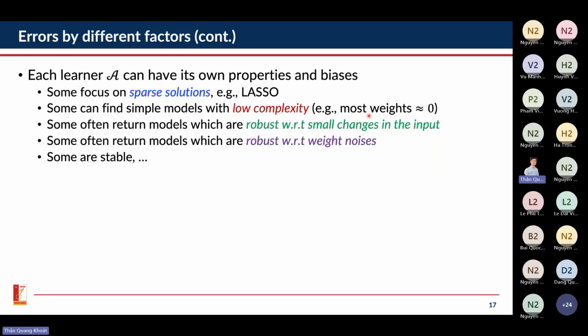If we make a small change in the input, then the output is essentially the same. So that model is robust, and it can help us face some attacks. But sometimes your algorithm can produce a model that is very robust to noise added to the weights, for example. And sometimes your learning algorithm can be stable. If we make some change to the training set, then the trained model is essentially the same.